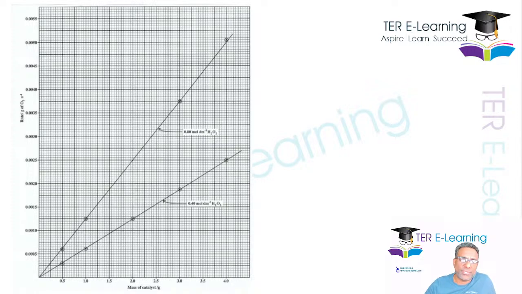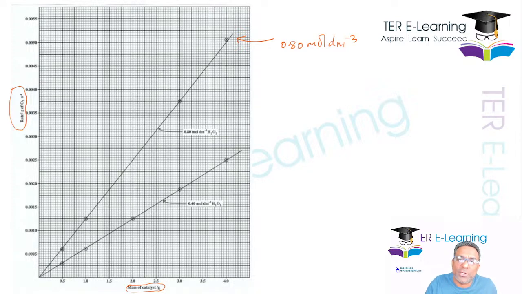So let me just tell you what is there. I know you may not be seeing it properly here. On this axis here, you have mass of the catalyst in grams. Across here, we have the rate of oxygen gas being produced. Now, we have 2 graphs here. This graph here shows hydrogen peroxide of concentration 0.80 mole per dm cube.